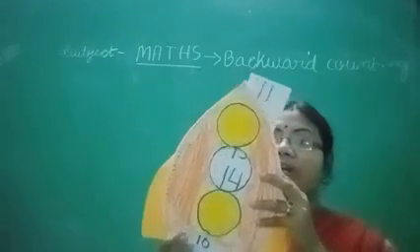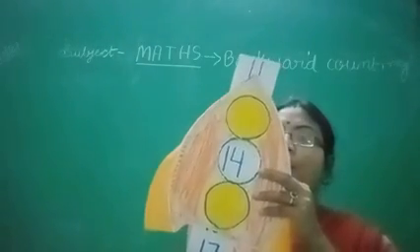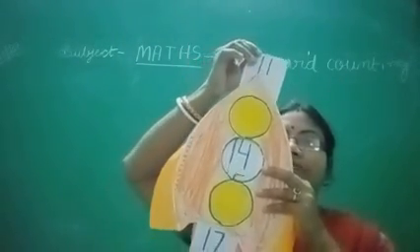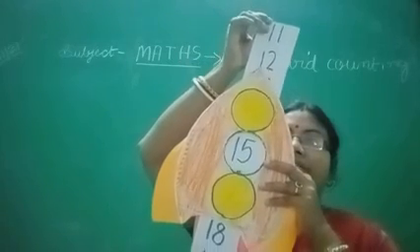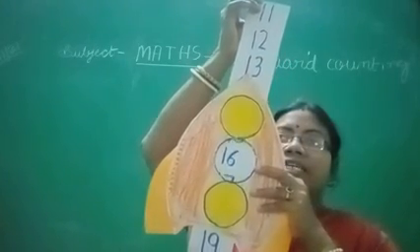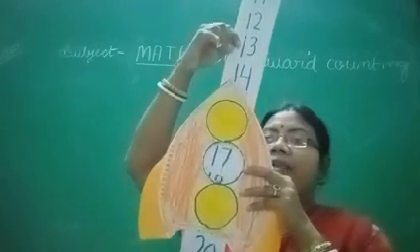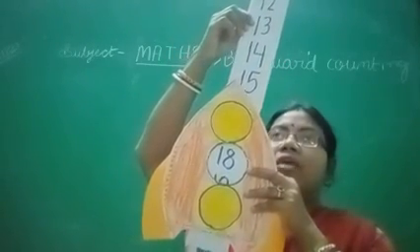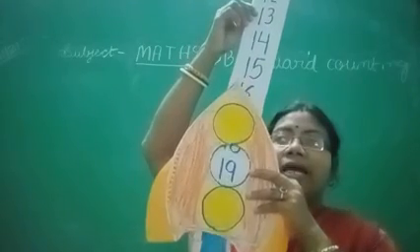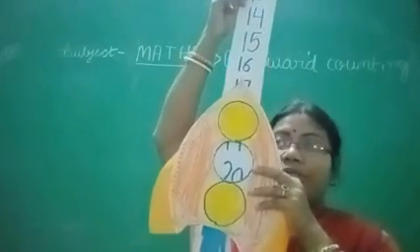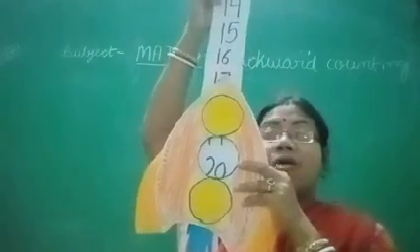After that 1, 4, 14. We are going up, counting forward. 15. 1, 6, 16. 1, 7, 17. Then 1, 8, 18. 1, 9, 19. 2, 0, 20. This I count forward.